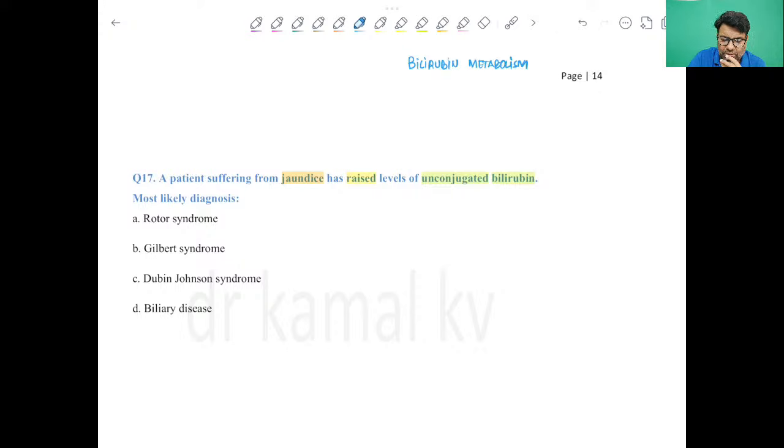And once the bilirubin is taken to the liver for conjugation, so in liver it is conjugated, and from liver it is taken to the second part of duodenum through the common bile duct. So this is the common bile duct, right?